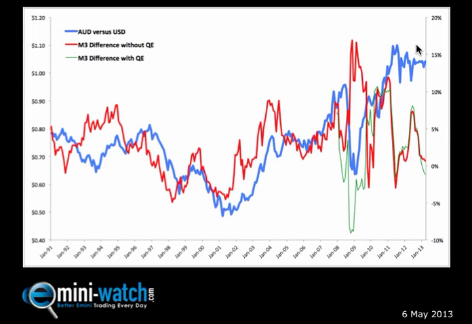Psychologically for Australians, that's a really, really hard number to deal with. They're happy with an 85-cent dollar, and they can plan and forecast based on that, and they think that's fair value for the Aussie dollar. But at $1.10, all of a sudden exporters can't export.